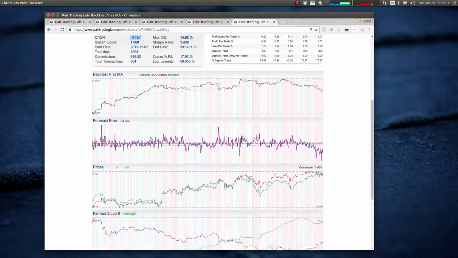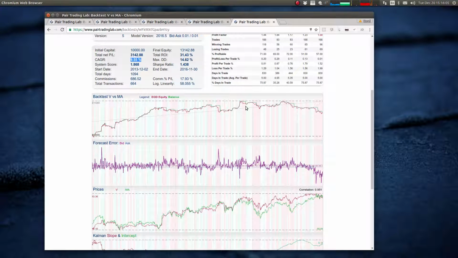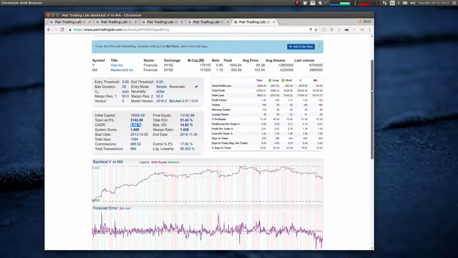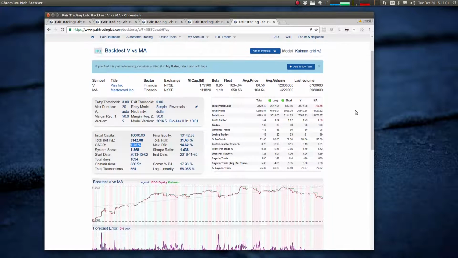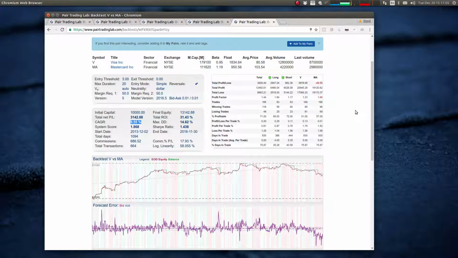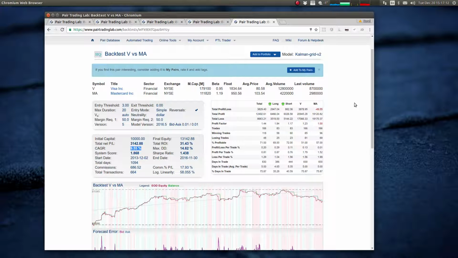But on the other hand, you can see that since the last third of the time, the performance starts to decay. Because this model optimizes for best profit, it can be fooled when there is a time period where your pair is not really performing well.